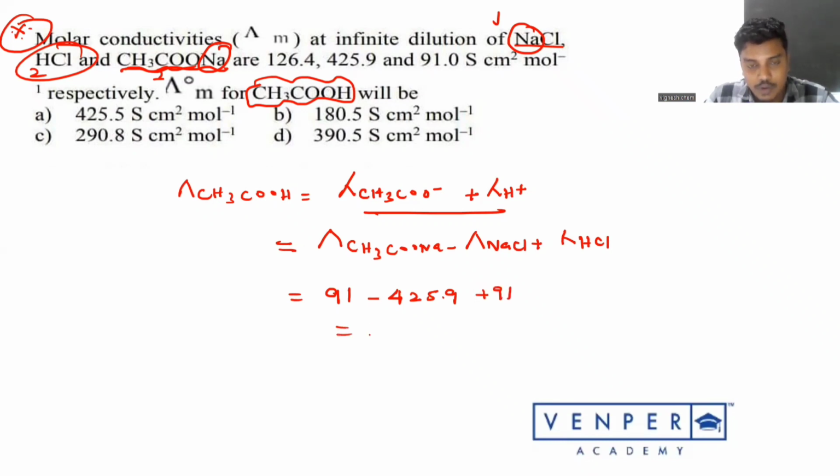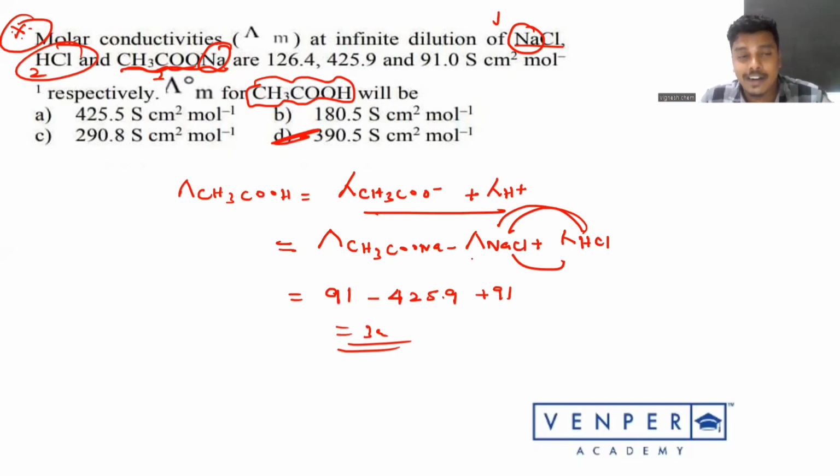What is the answer? Around 390 something. Because the value cannot be negative, option B is correct. You can also write this as HCl minus NaCl. In this type of question, the molar conductivity value cannot be negative. So option D is correct.